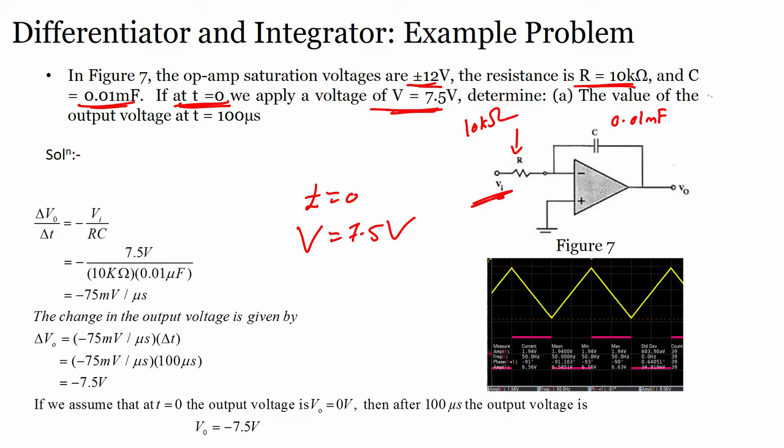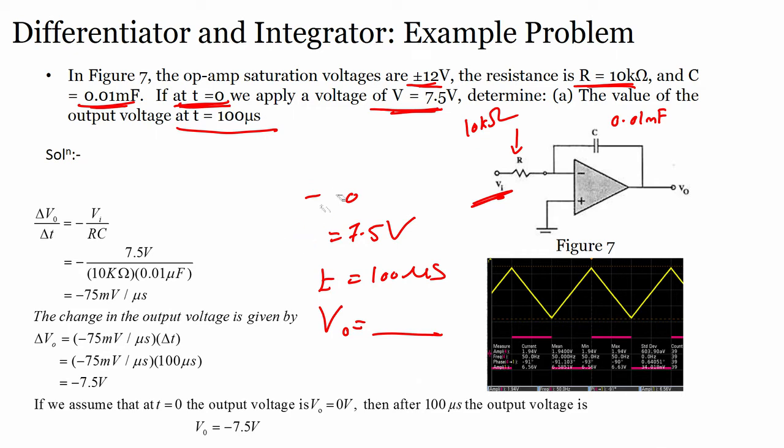What we have to determine is the value of the output voltage at t equals 100 microseconds. So, this is given: at t equals 100 microseconds, what is the output voltage VO? This is the question. So, let us see how we can find the solution.